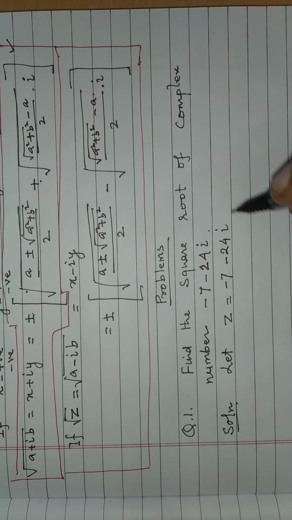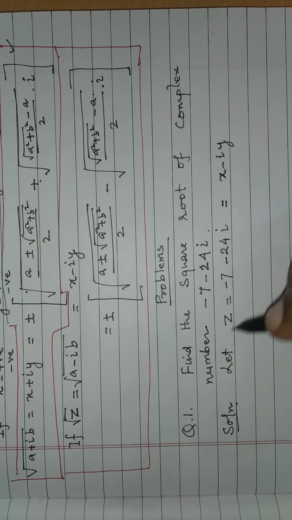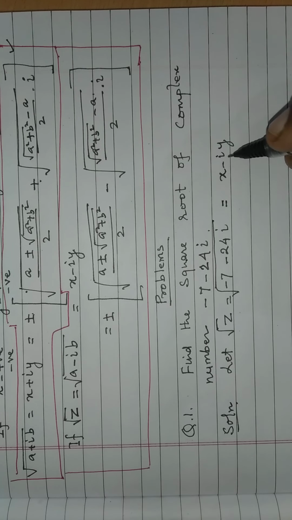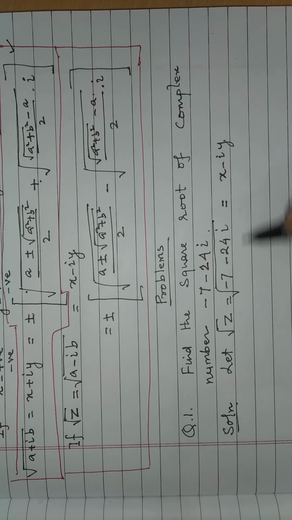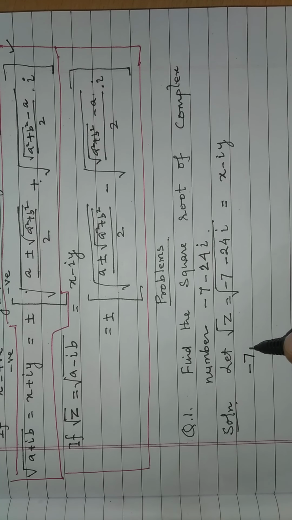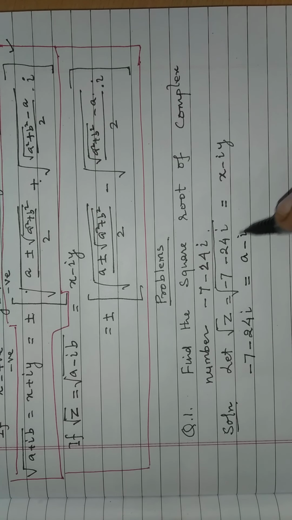If we compare it with x minus iy, because we have to find the square root of this, -7 minus 24i is equal to a minus ib.